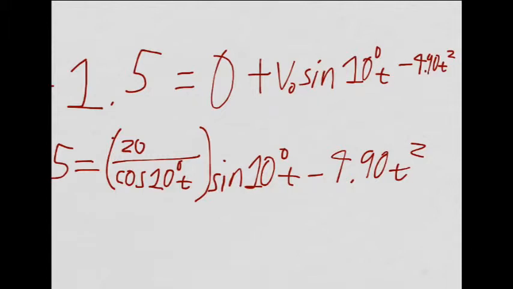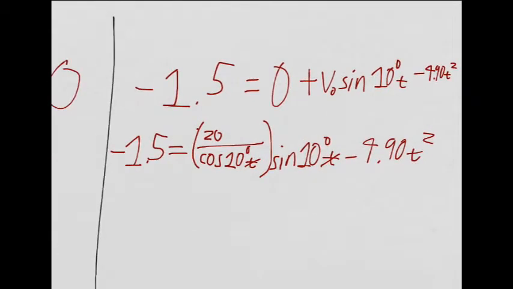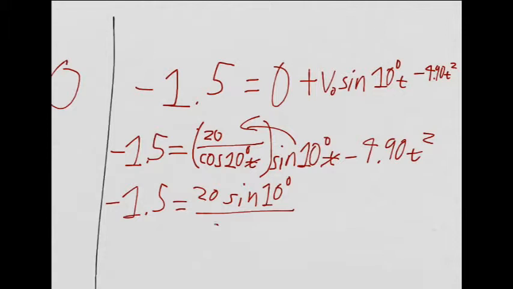We see here this t and this t will cancel, so we'll be left with negative 1.5 equals 20 sine of 10 degrees over cosine of 10 degrees minus 4.9. We're only left with 1 t now.